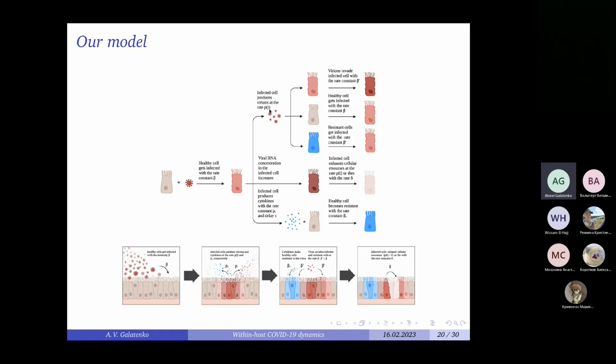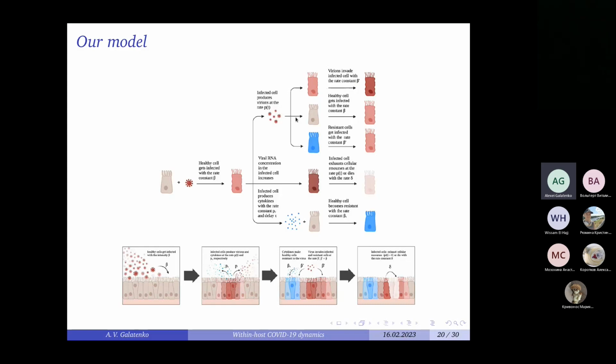You see, here P depends on time. Viral production rate is not a constant. And virions can enter either infected cells with some decreased intensity. This is a known phenomenon. If a cell is infected, then the intensity of infection drops.